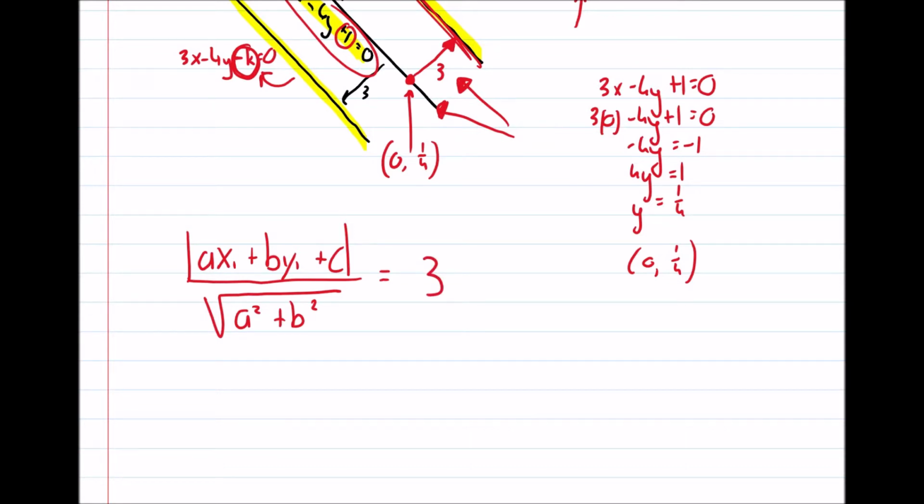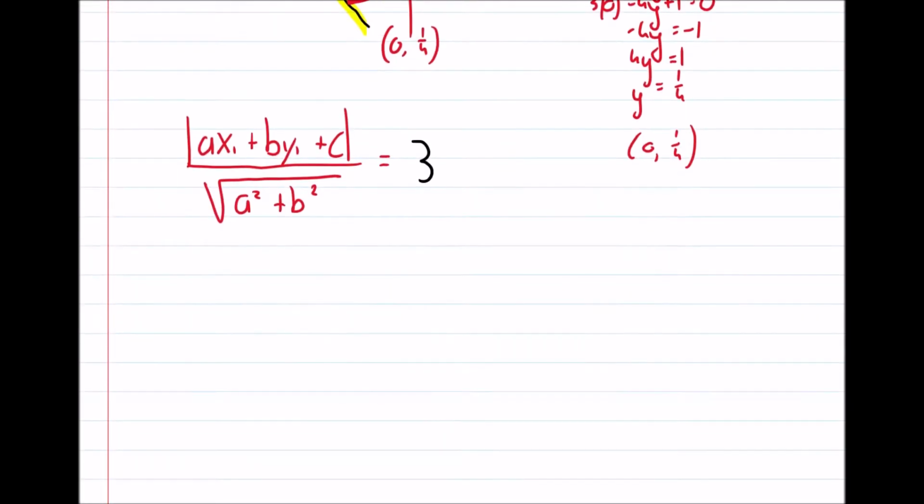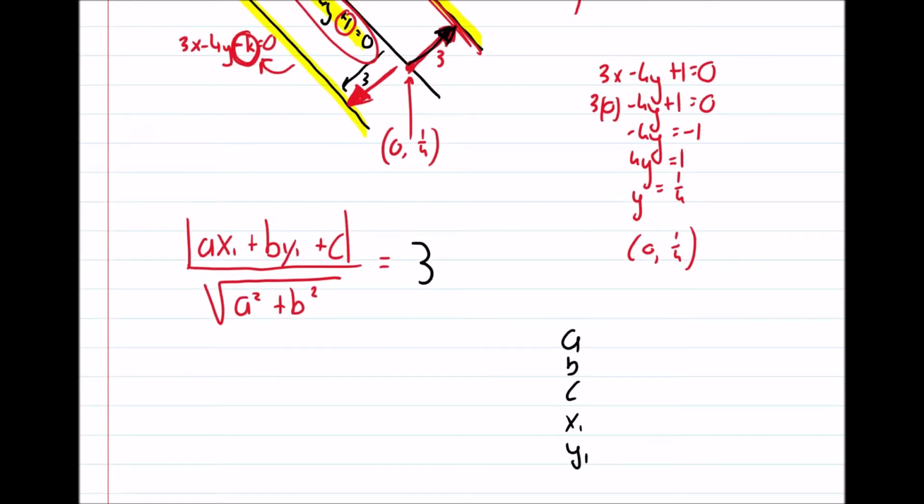It's 3, which is the distance from the point to the line. I'm going to label out my a, b, c, x1, y1. So my a is 3, my b is minus 4, my c is k, I don't know what it is, my x1 is 0, and my y1 is a quarter.